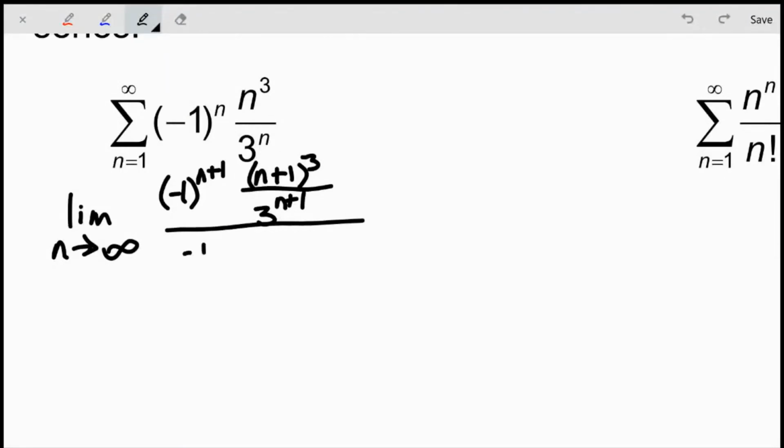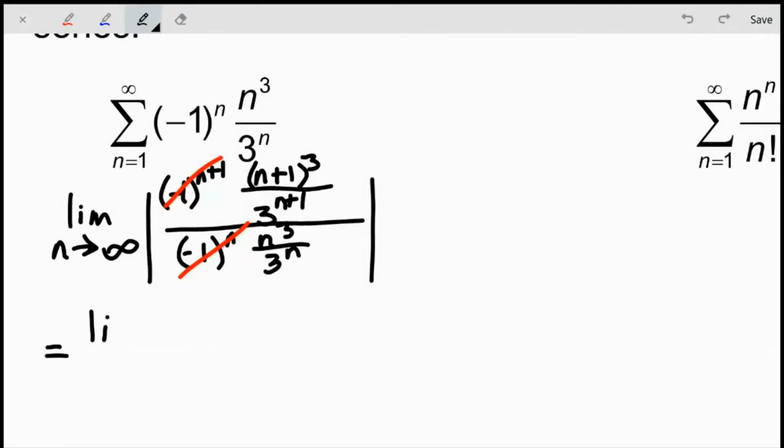And now this is the nth term. It's just the expression I was given, negative 1 to the n times n cubed over 3 to the n. And now remember, we're going to do the absolute value of this. When I do that, that essentially tells me these things that make it alternate, I don't have to worry about those anymore. So now let's rewrite this in a simplified form.